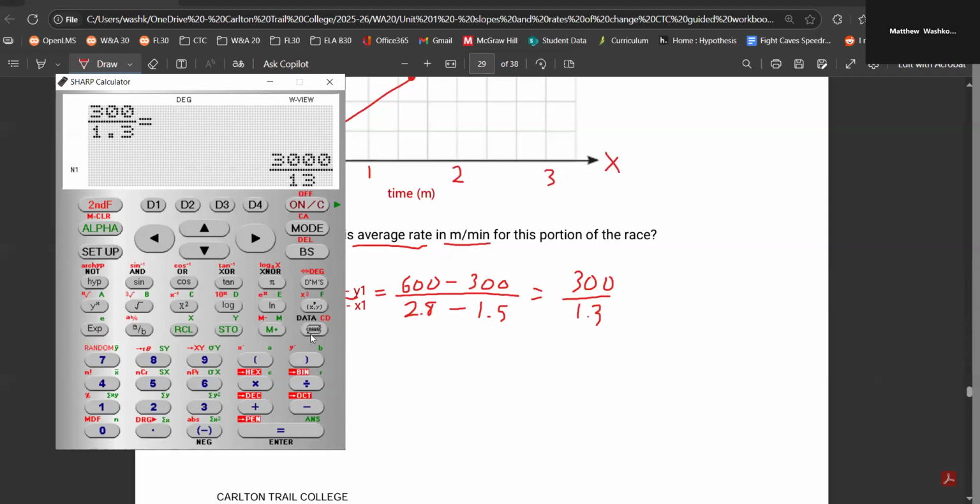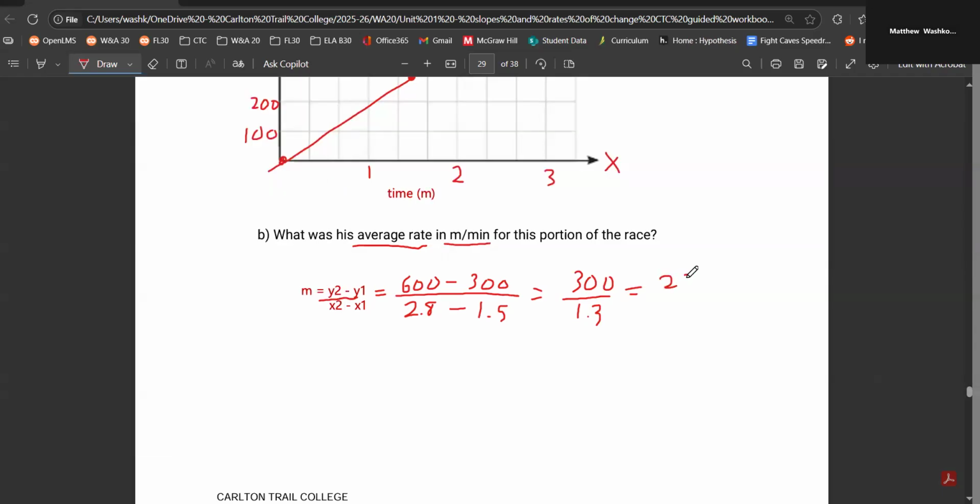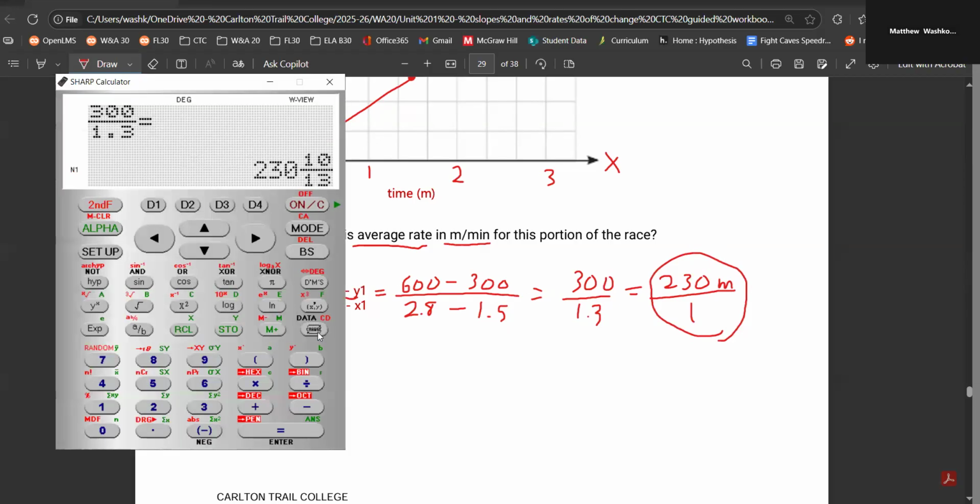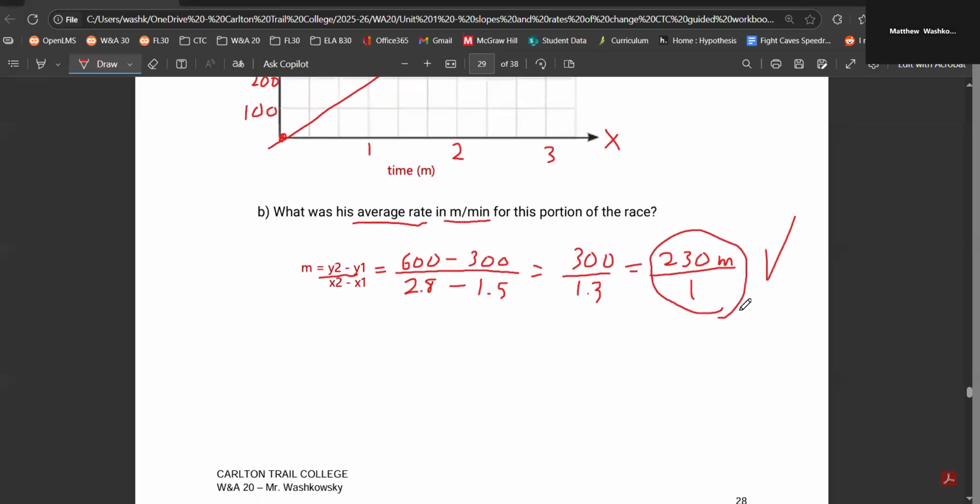That's kind of brutal, right? So let's simplify this to 230 meters per 1 minute. Again, if you had something slightly different there, like maybe you wrote literally this or this or this, like you've shown your work, I would be like, yep, that's fine.